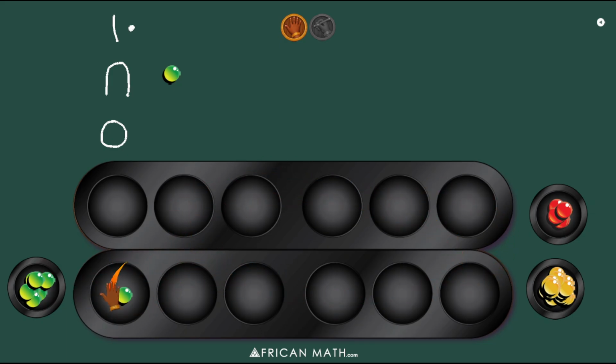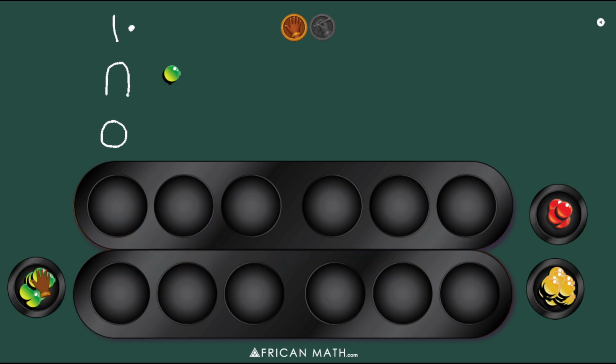This cup here to the left represents the value of 10. For the lower left-hand cup, if this lower cup represents the value of 10, and you were to move the bead up, now that's a value of 50.